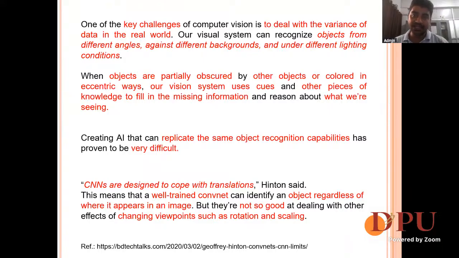Now, in reality, the problem is completely different. The main challenging part is that whenever we talk about real life objects, in datasets the object is taken in proper lighting condition, proper background, proper shape, but in reality, things are different. Different background, different lighting condition, different angles. There can be partial occlusion, where some part of the object is missing, or the object color is somehow faded out.